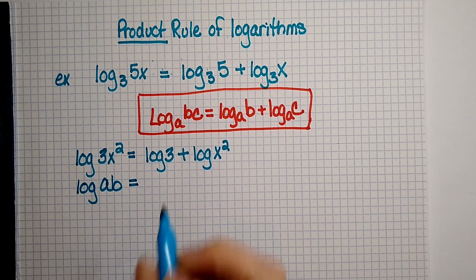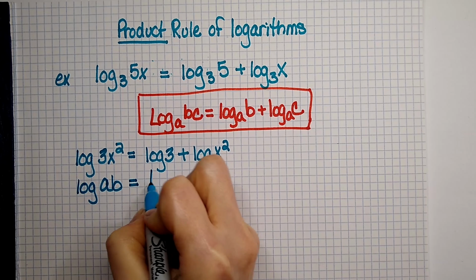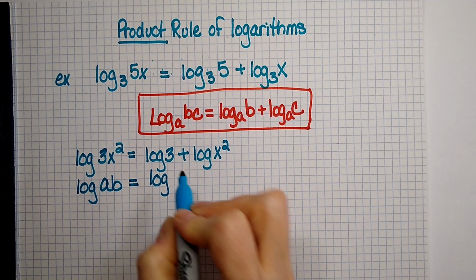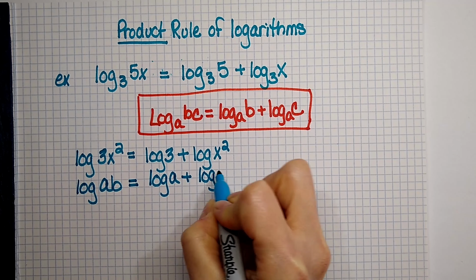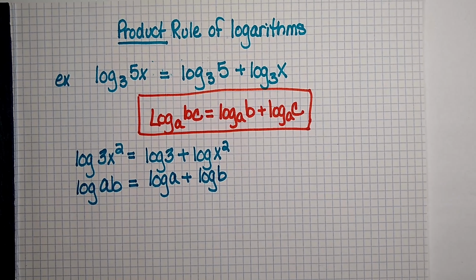So 2 variables. It's just log of A plus log of B. And again, I told you this is pretty simple, not hard. Your homework's going to feel really easy tonight, so just consider it a gift.